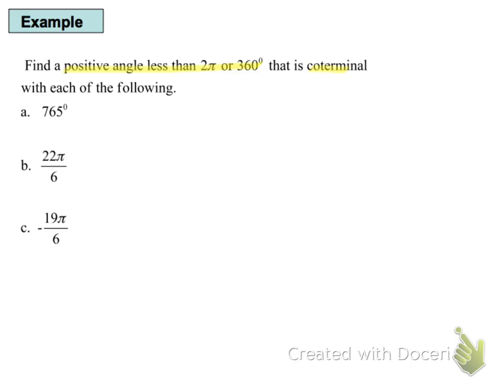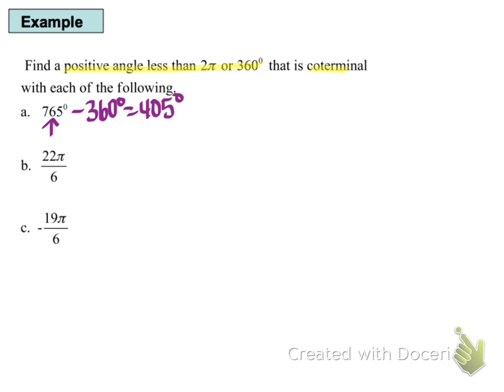Now, in this first example, 765 degrees, that's more than 2 times around the circle. Because of that, we'll have to possibly subtract 360 more than once. Let's start with our 765 and subtract 360 degrees. When I do that, I get 405 degrees.